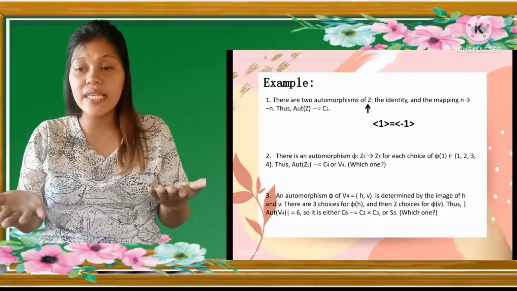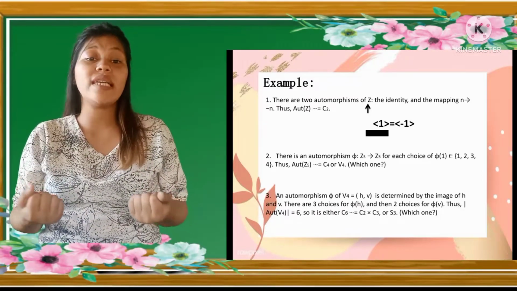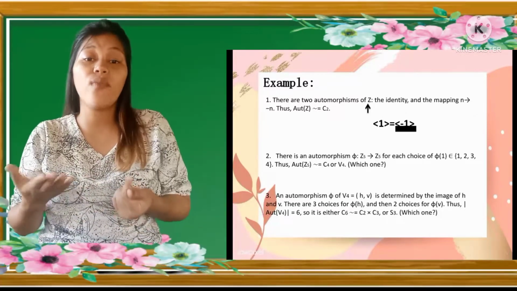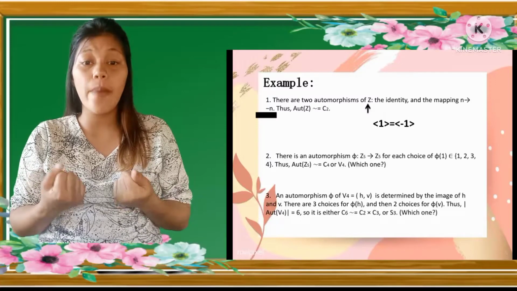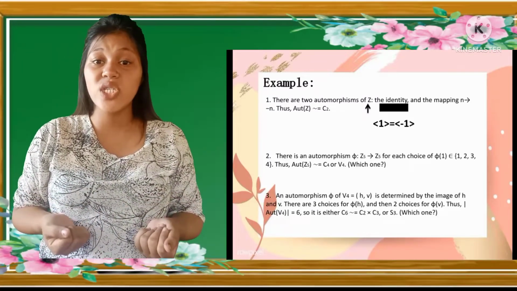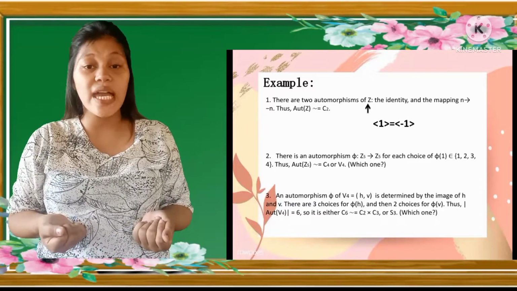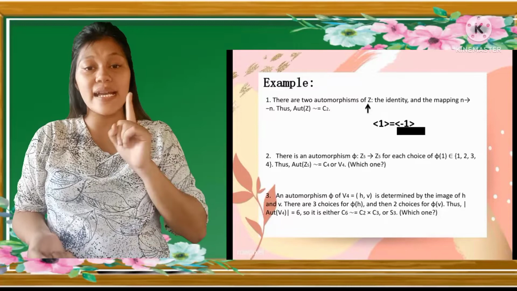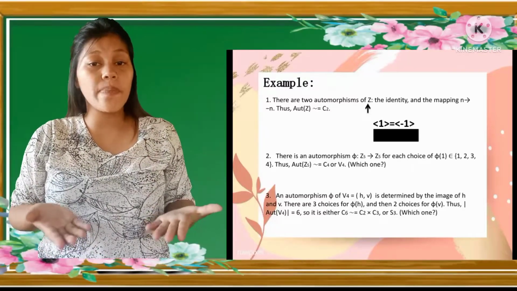1 can either get sent to itself, which is the identity mapping, or it can get sent to negative 1, which is the other mapping. So the first automorphism, the identity, sends 1 to 1 and negative 1 to negative 1. The other one swaps these two.